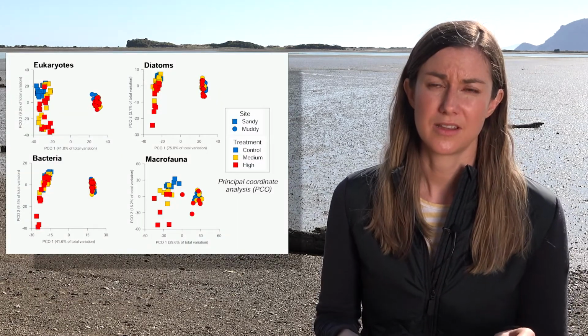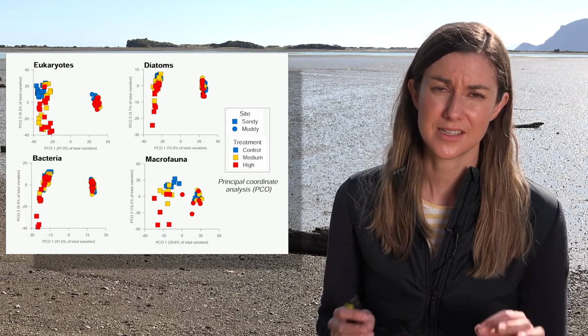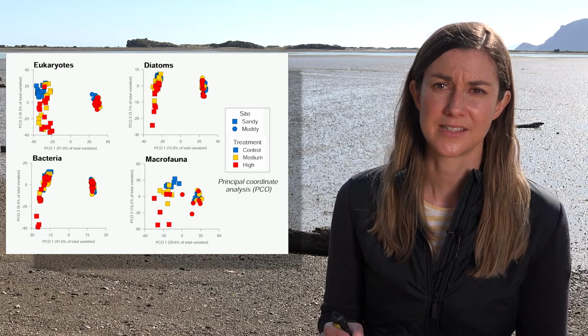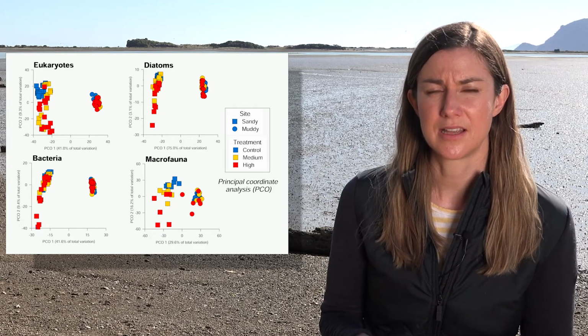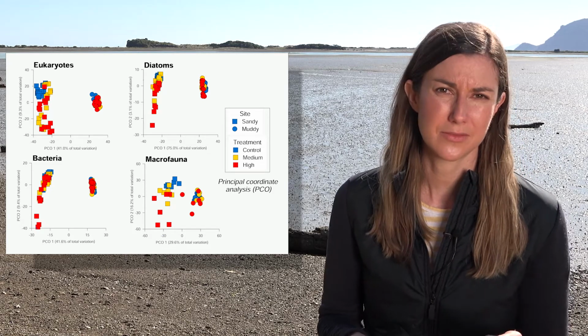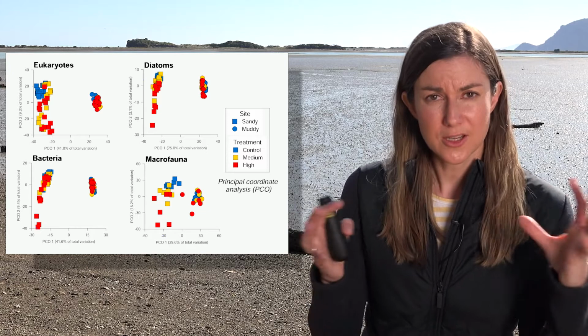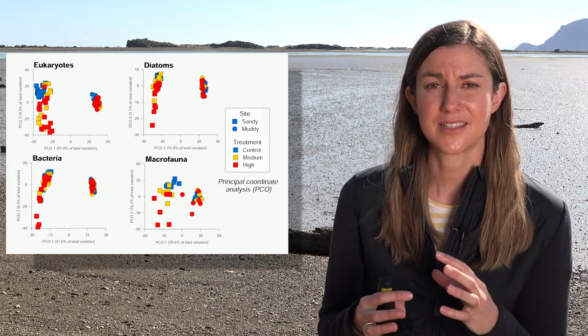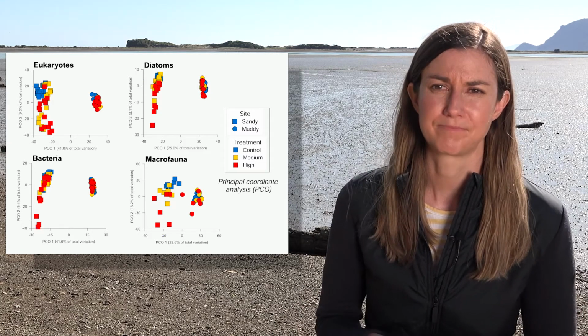When we looked at the benthic communities, the first thing we noticed was that there were distinct differences between the 2 sites. So if you're not familiar with reading PCO plots, each sample is represented by a square or a circle. And the closer these samples are together, the more similar the communities, and the further apart, the more different.